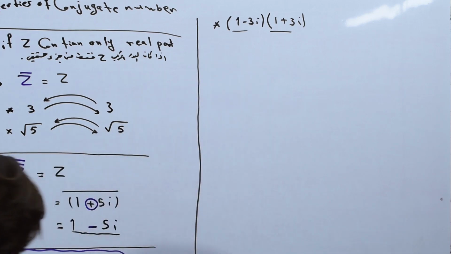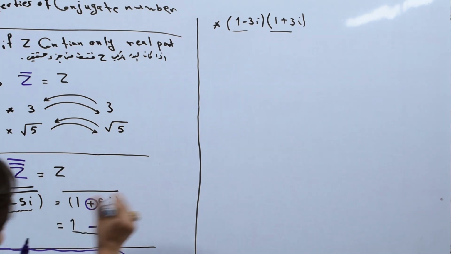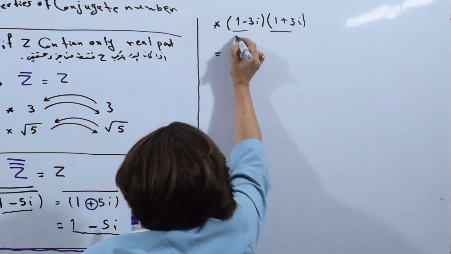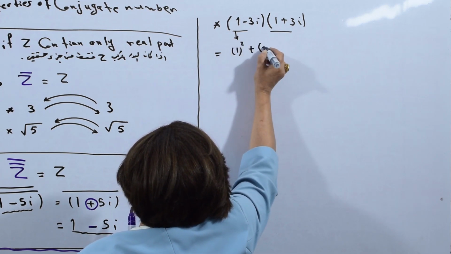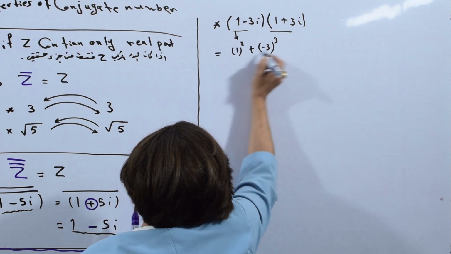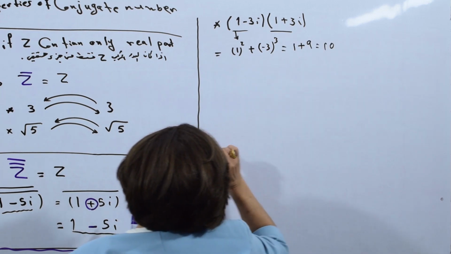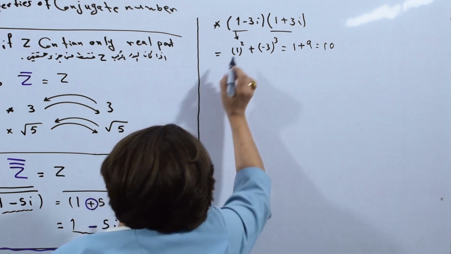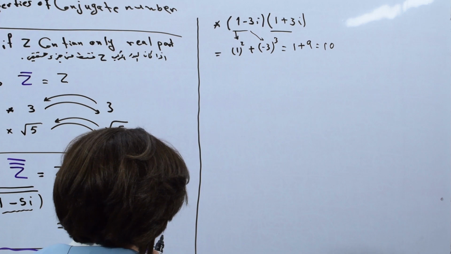If I apply this law، إذا طبقت هذا القانون عزيزي الطالب، a squared يعني 1 تربيع plus 3 squared give me 1 plus 9 give me 10. إذن آخذ imaginary والreal for any one بعدين square.